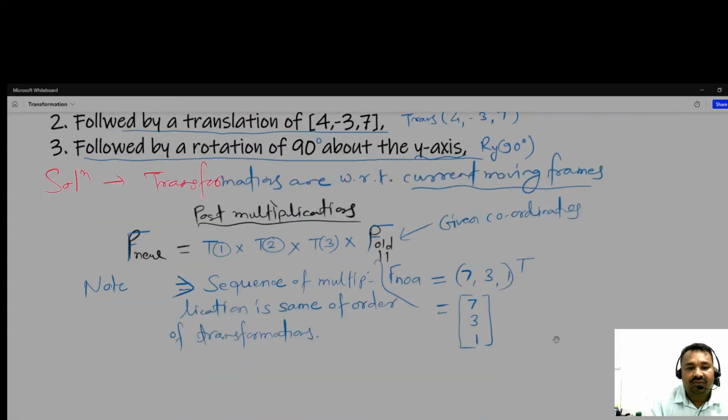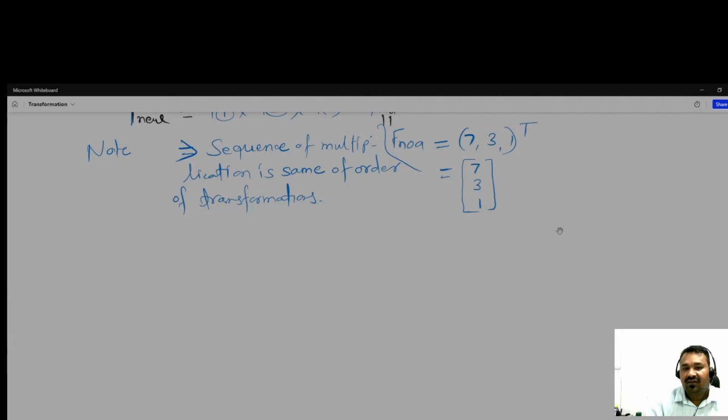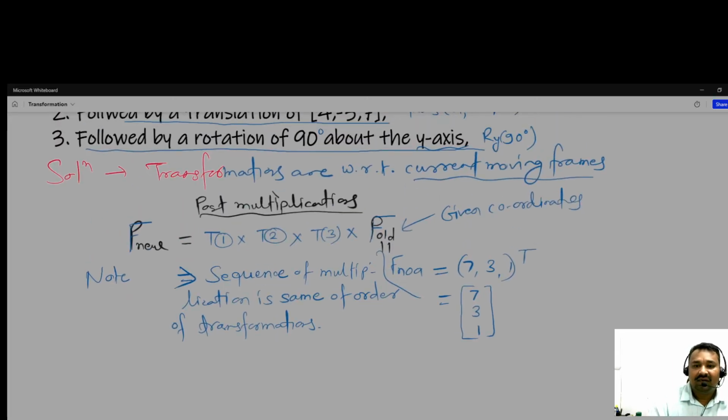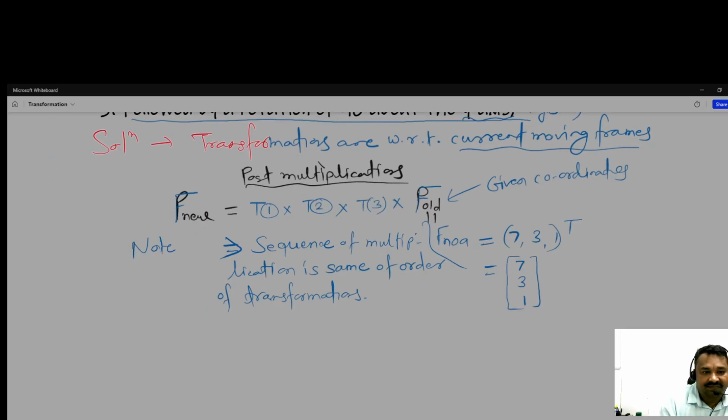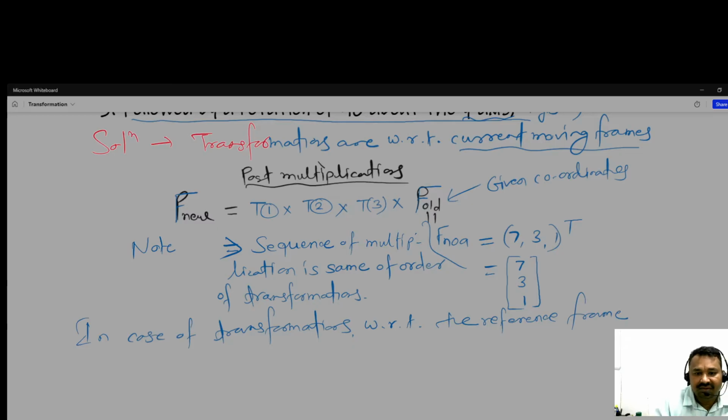So at this stage we need not worry about the sequence of multiplications, because the transformations are performed with respect to the moving frame. If they are with respect to the reference frame, then we have to pre-multiply. Suppose in case of transformations with respect to the reference frame, how do we write this matrix equation?